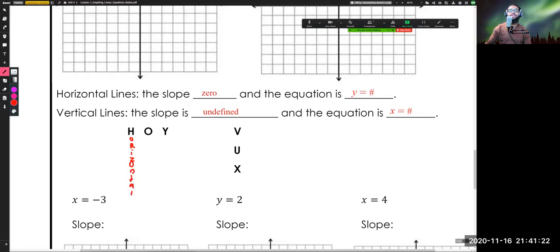The O here is a 0, and that's going to be what our slope is. Our 0 is our slope. Oops, I should write that going straight down. Control Z. S, L, O, P, E. And this is when y is equal to a number. All right.